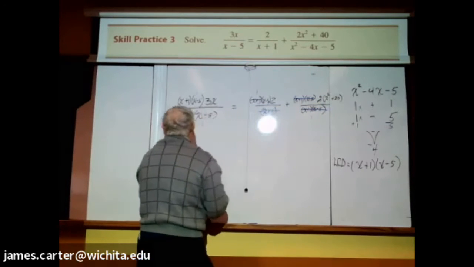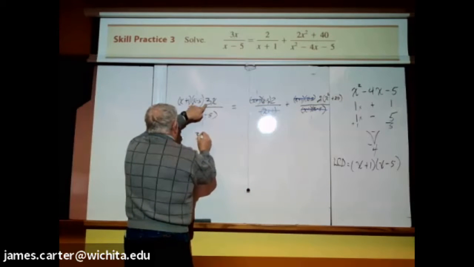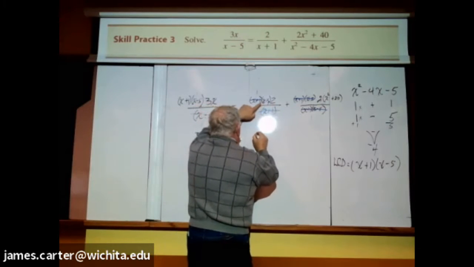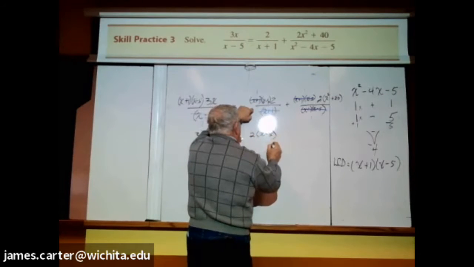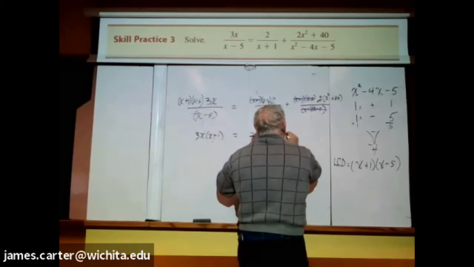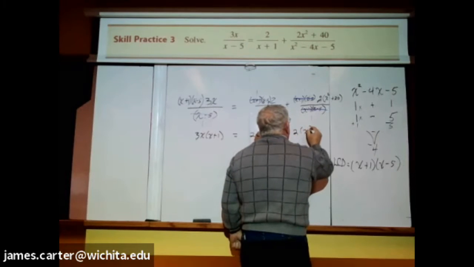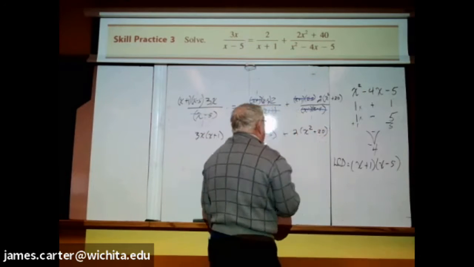So what I'm left with then is 3x times x plus 1 equals 2 times x minus 5 plus 2 times x squared plus 20. Okay?